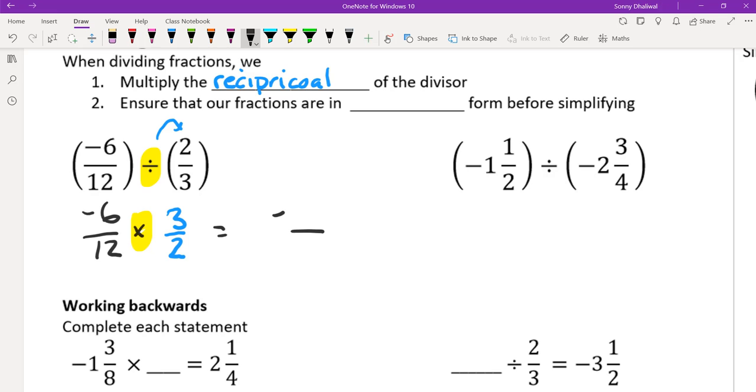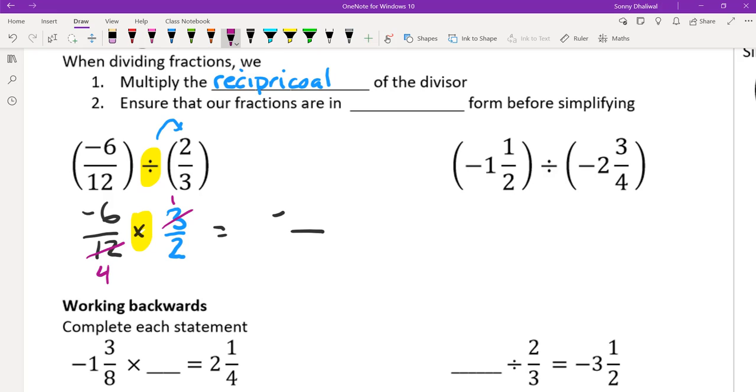Okay. Now, is there any simplifying that we can do? Is there a number that you can divide into the top and into the bottom? Sadie? 12 and 3. They can both be divided by 3. So 12 divided by 3 leaves us with a 4. And 3 divided by 3 leaves us with a 1. Is there anything else?